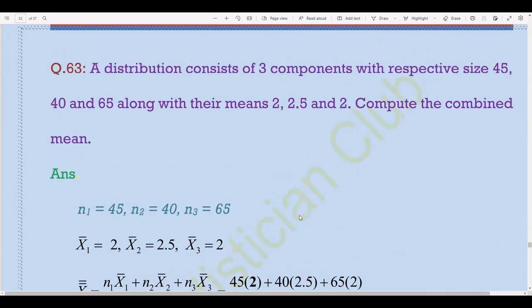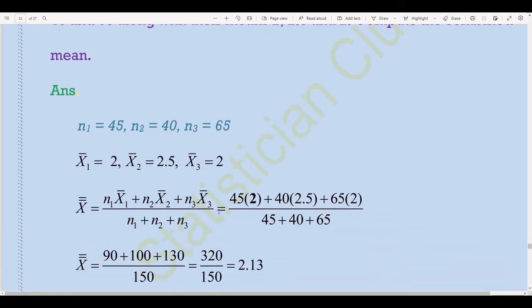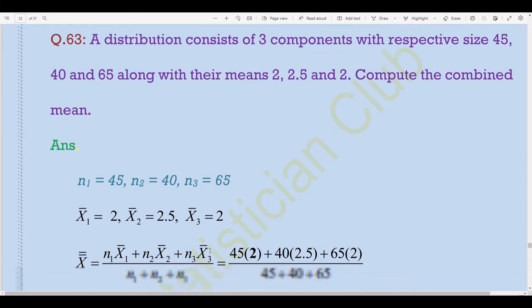A distribution consists of three components with respective sizes 45, 40, 65 along with their means 2, 2.5, 2. Compute the combined mean. n1 is equal to 45, n2 is equal to 40 and n3 is equal to 65. x1 bar is 2, x2 bar is 2.5, x3 bar is 2, as given in the question.